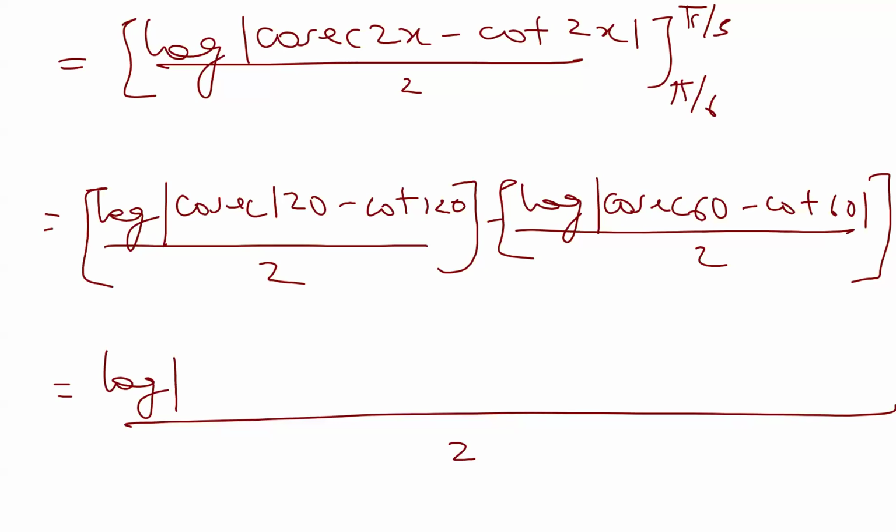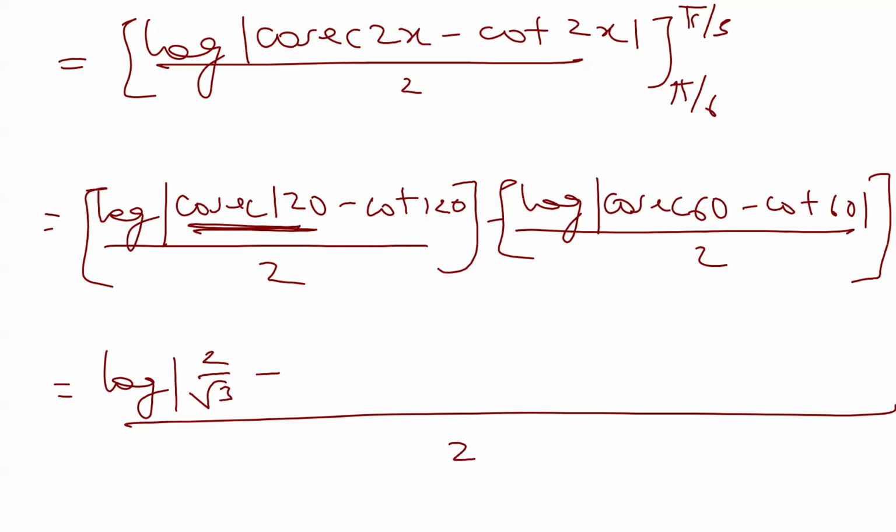Be quick. It is root 3 by 2. So cosec 120 will be 2 by root 3.